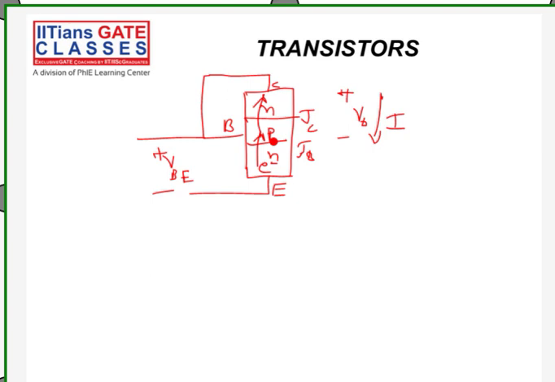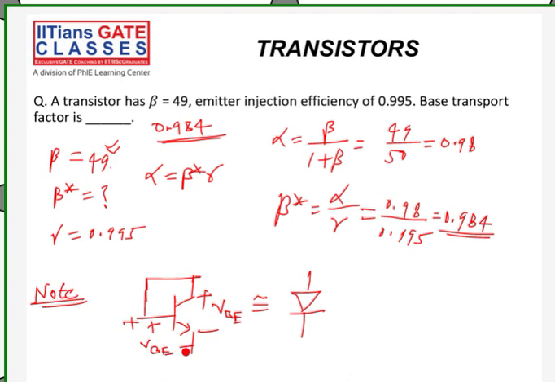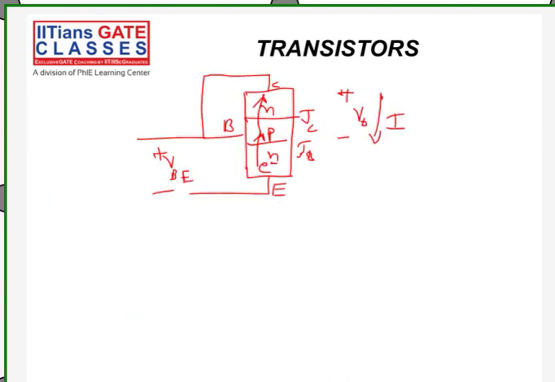Due to the forward voltage VBE, whatever voltage I applied across this terminal, this is VBE. Due to this forward voltage, what will happen? Electrons will be injected from the emitter to the base region, and these electrons are minority carriers in the base region, and they will be crossing the junction due to reverse biasing of JC.